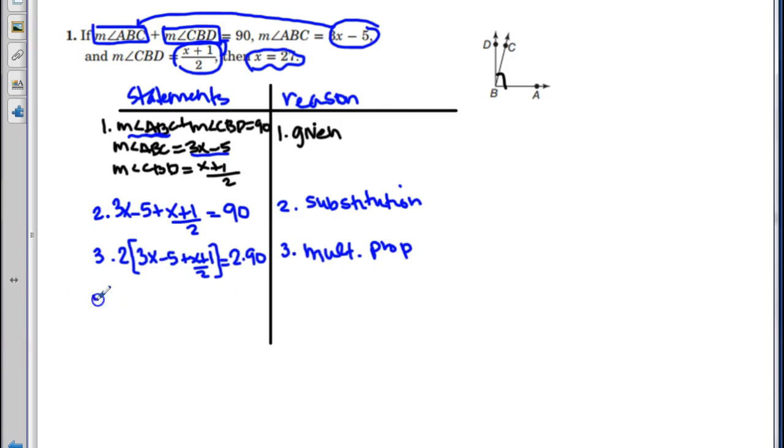Number 4, how do we get rid of that 2? How do we make this simpler for us? Well, we're going to multiply the 2 to everything. This is the distributive property also, but instead of writing distributive property and then substitution, I'm just going to write down substitution.